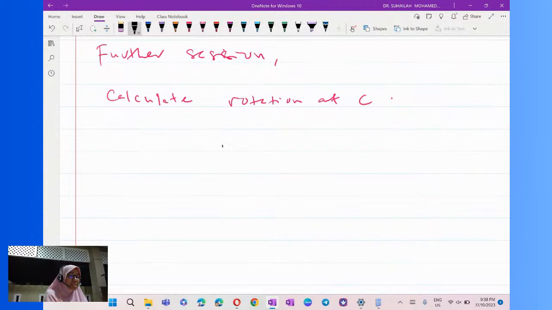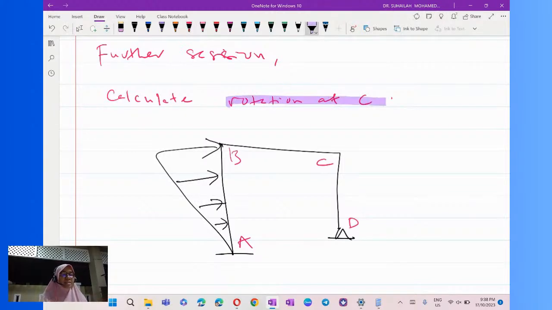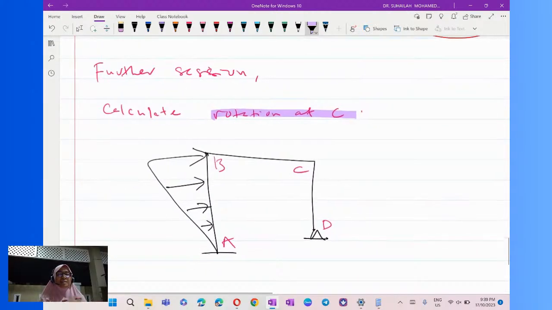The diagram is this. The same frame. Okay, A, B, C, and D. But the question is calculate rotation at C. So I want to have another session to discuss how we can determine or calculate rotation at any point in indeterminate frame.